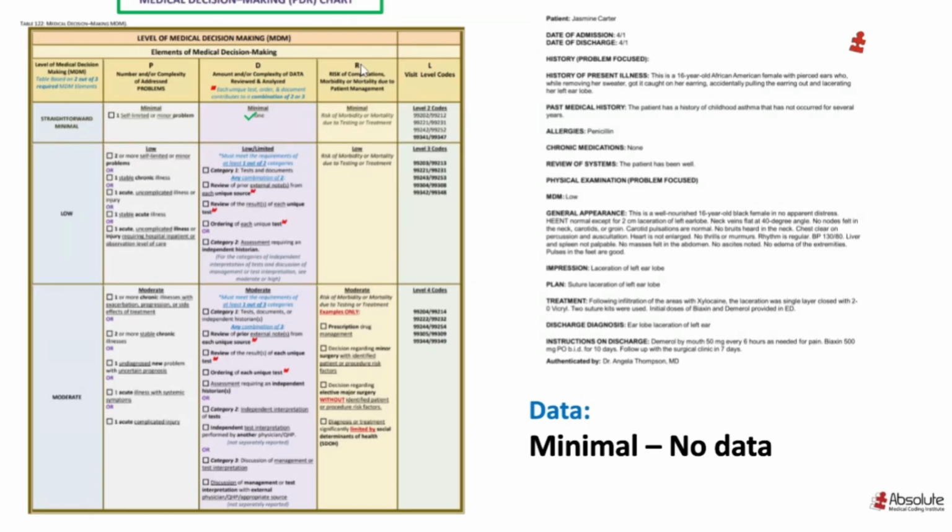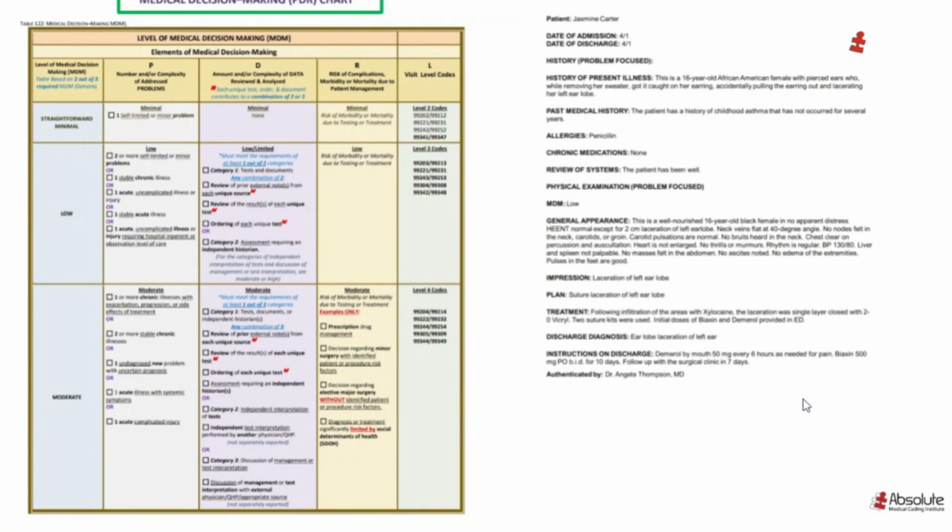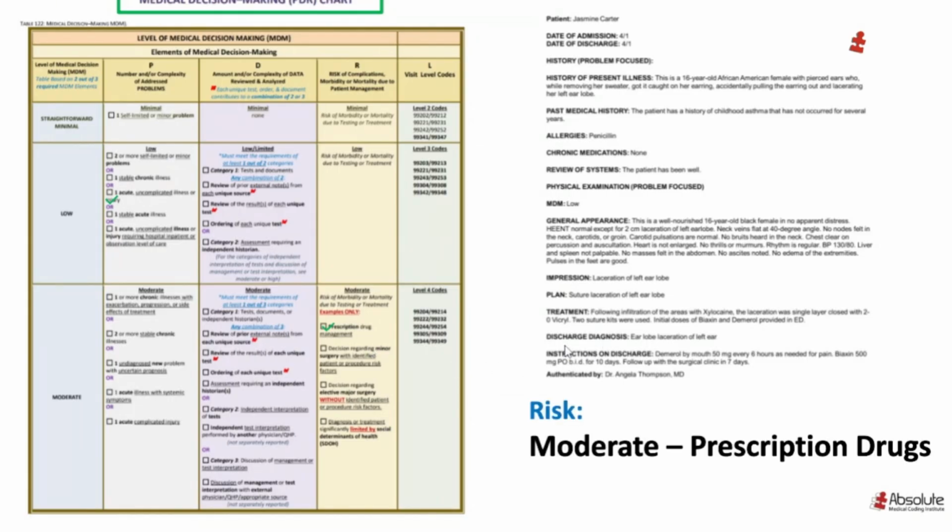No data. Next, we have to figure out the risk. What is the risk? Well, coders know this right off the bat. Anytime a physician prescribes medication, the risk is moderate, right? It's a moderate risk.